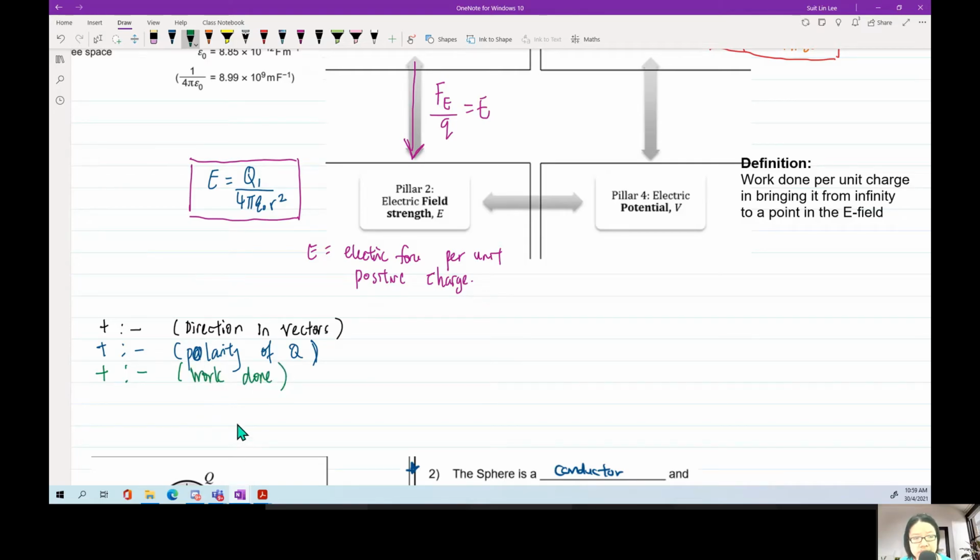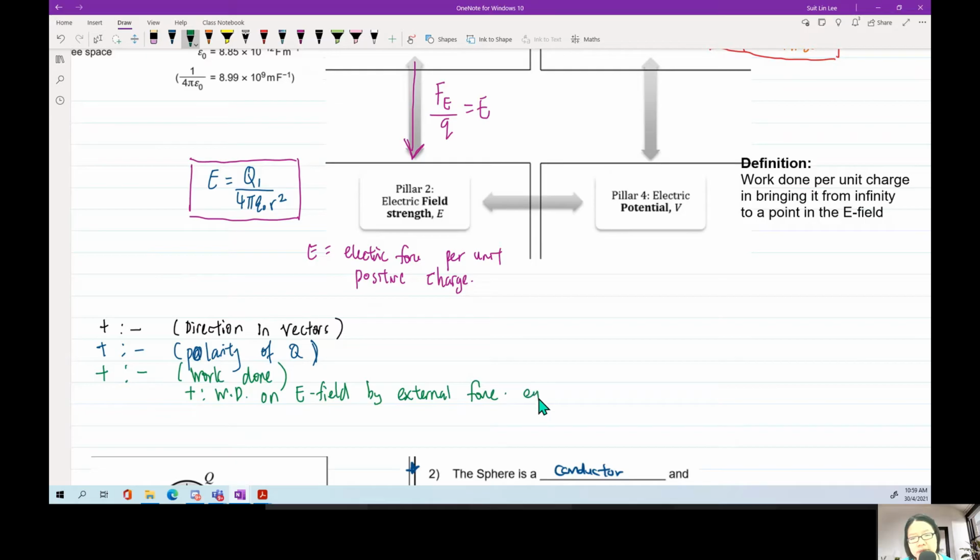Whenever it comes to work done, if the work done is positive, it means that there is more energy. So positive here means there is work done on the electric field by some external forces.